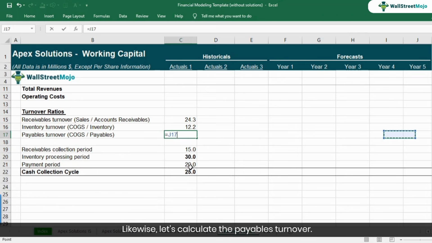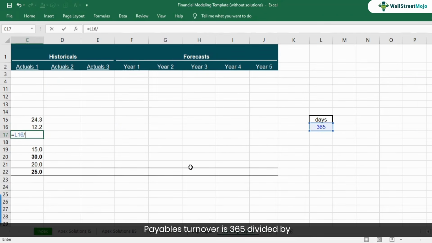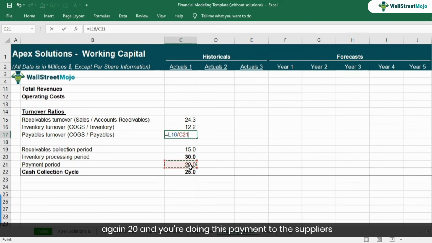Likewise, let's calculate the payables turnover. Payables turnover is 365 divided by, again, 20, and you're making payments to the suppliers 18.3 times during the year.